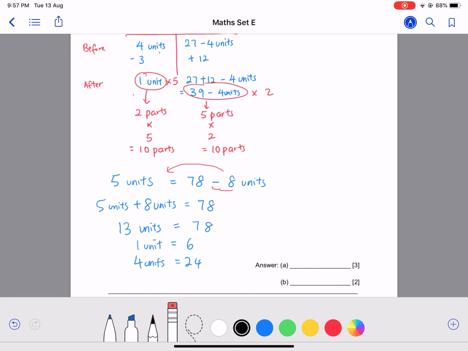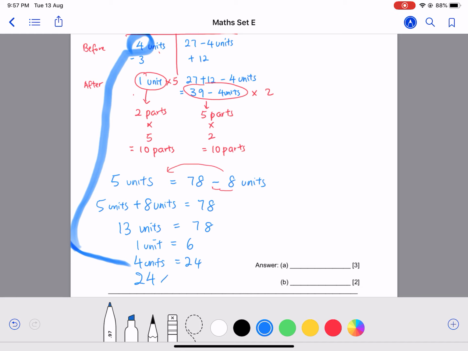Why am I finding the 4 units? I'm finding the 4 units because I'm trying to find part A. What was the total value of the $5 at first? There's 4 units altogether. So there's 24 pieces of $5 at first. So that's how I have 120 as the first answer. A bit confused over there. So finding 4 units, because that's the unit before.